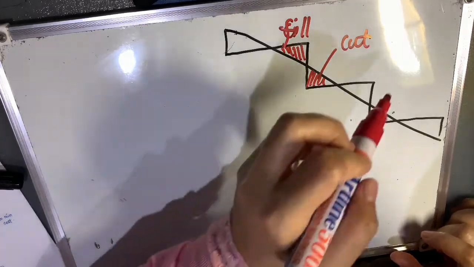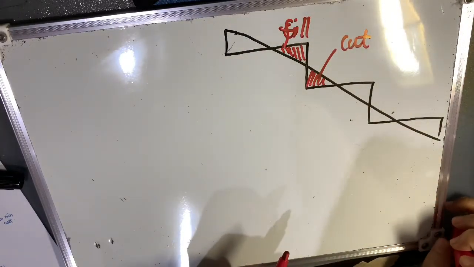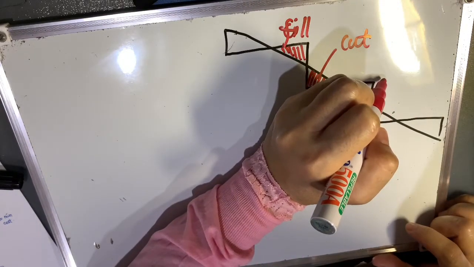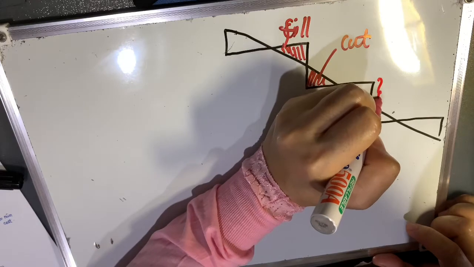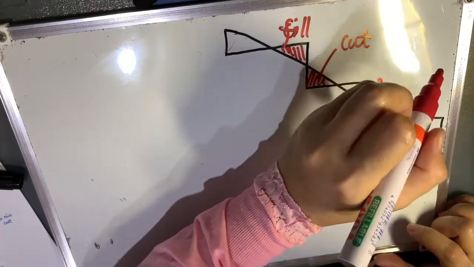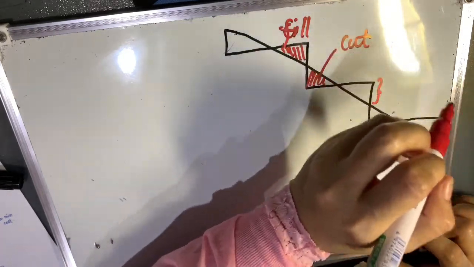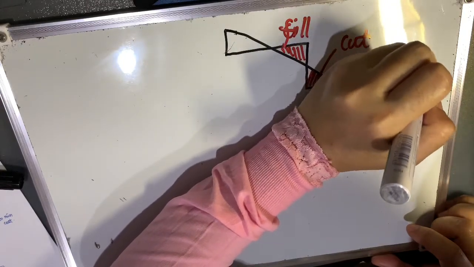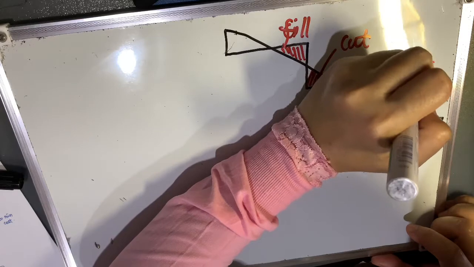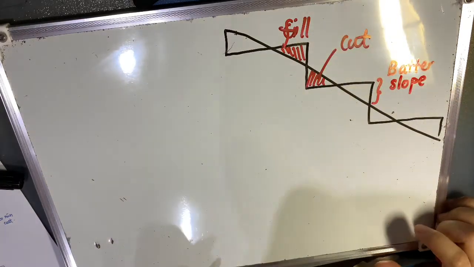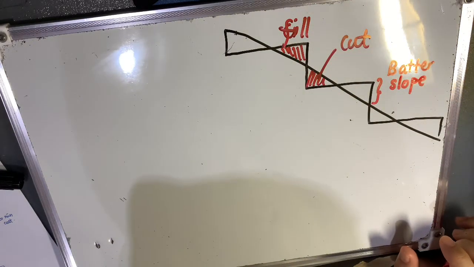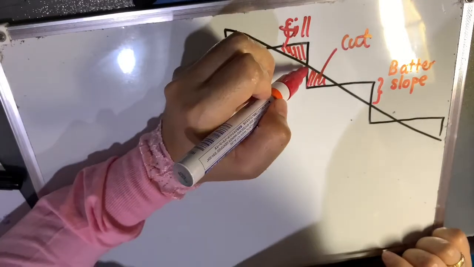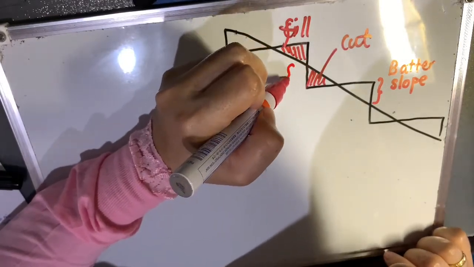If you still remember, what do you call this? This is the riser, or it can also be called the butter slope. And then this part, this is the part that you cut, right?